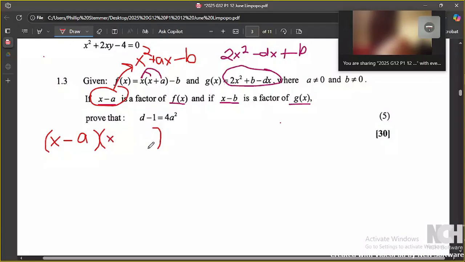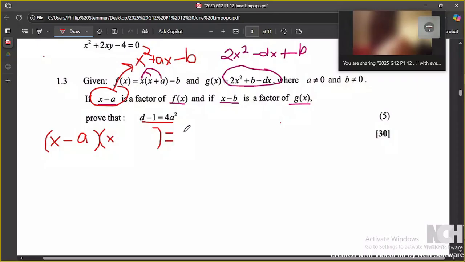Again, the variable is x, because we say x is equal to a. And then we have to prove that d minus 1 is equal to 4a squared, and this thing is equal to 0.